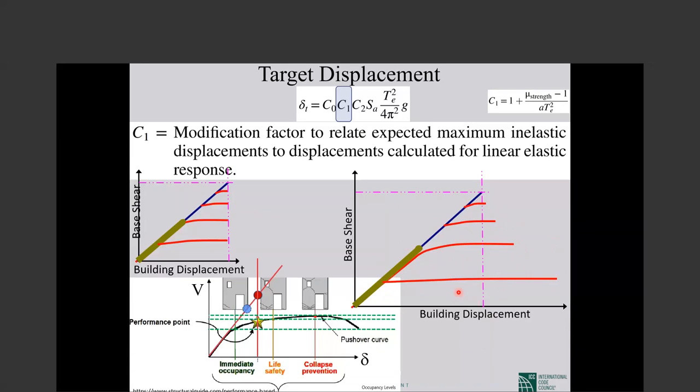This happens mainly for the buildings with smaller period. There are buildings that are stiff, their period is smaller. The period that is the threshold between these two behaviors is usually the TS, the period of soil. If the building's period is more than the period of soil that the building is built on, they call it equal displacement.